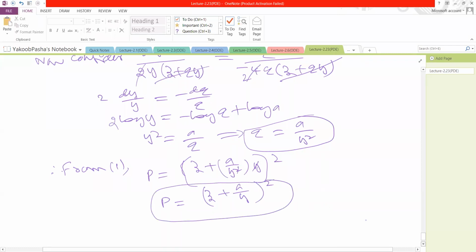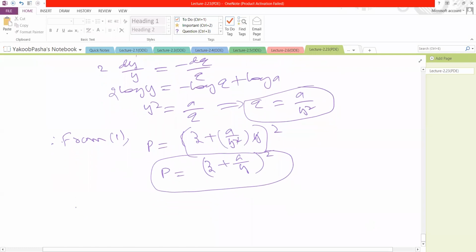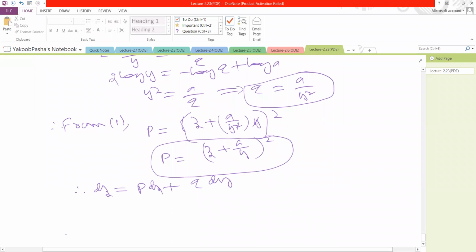Now substitute in dz is equal to p dx plus q dy. So dz is equal to the p value, (z plus a by y) whole square into dx, plus a by y square into dy.